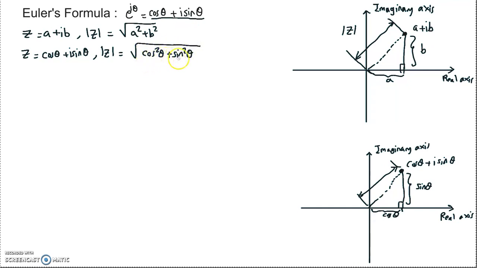Cosine squared theta plus sine squared theta equals 1, so that equals the square root of 1, which equals 1. Which means that cosine theta plus i sine theta is always a distance of 1 from the origin, regardless of the value of theta.